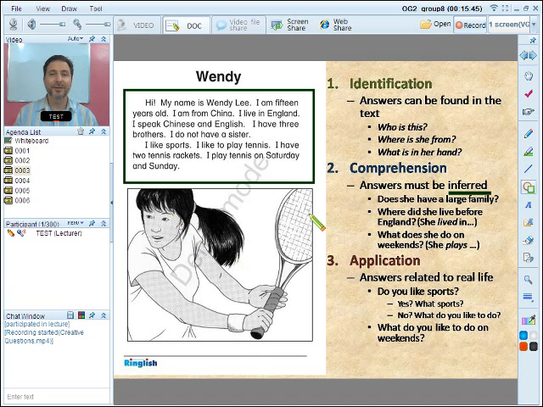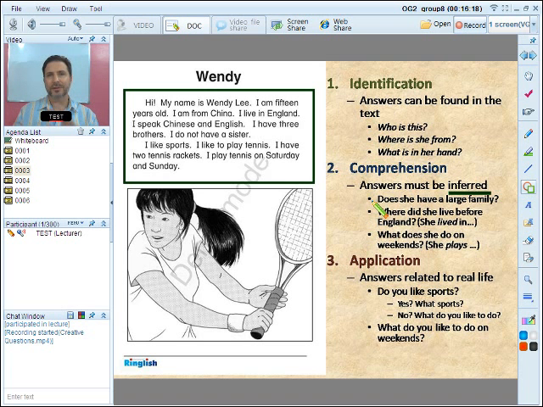But the idea is you're asking a question that is designed to get them to think about family size, not just saying how many brothers does she have. That would be identification. We're asking, does she have a large family, causing the student to have to think about that. Another comprehension question you could ask, and I'm not saying you must ask all of these, you're going to vary these according to the student's level.